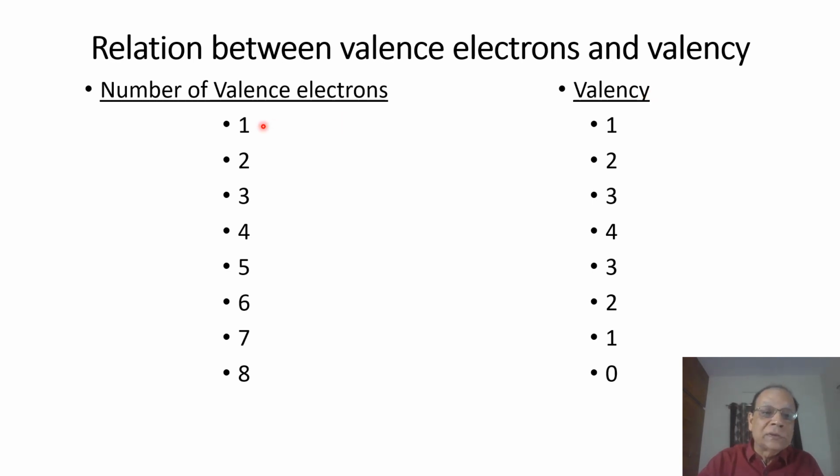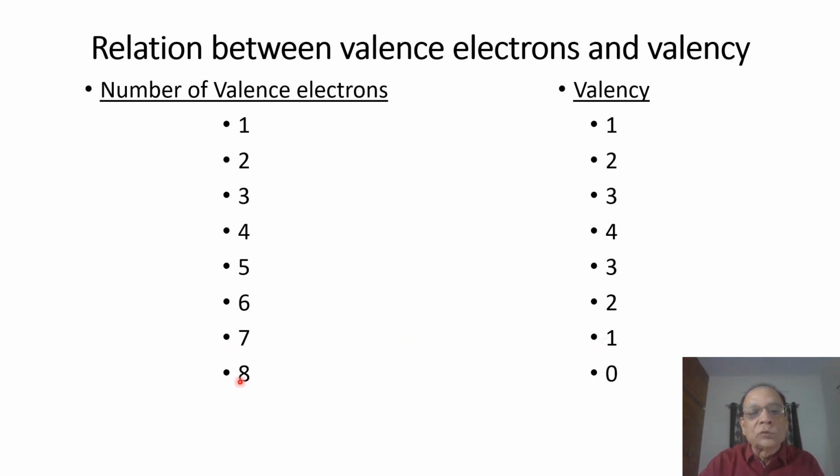Valence electron 1, valency is 1; valence electrons 2, valency is 2; valence electrons 3, valency is 3; valence electrons 4, valency is 4; but when valence electrons become 5, the valency reduces to 3. Valence electrons 6, valency reduces to 2. Valence electrons 7, valency reduces to 1.